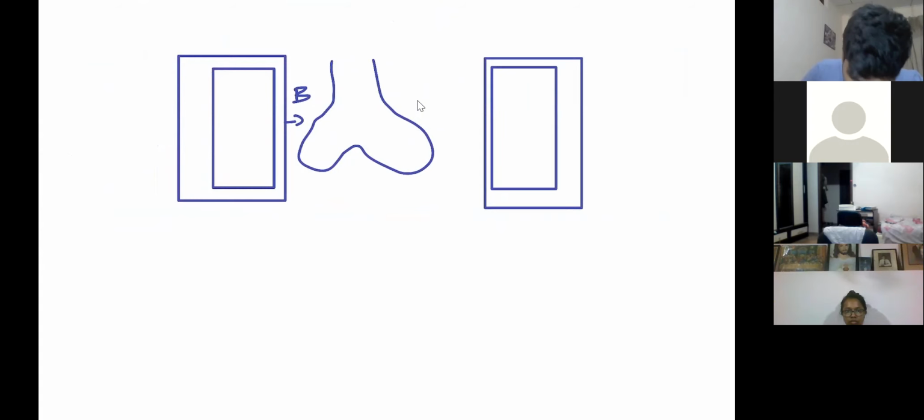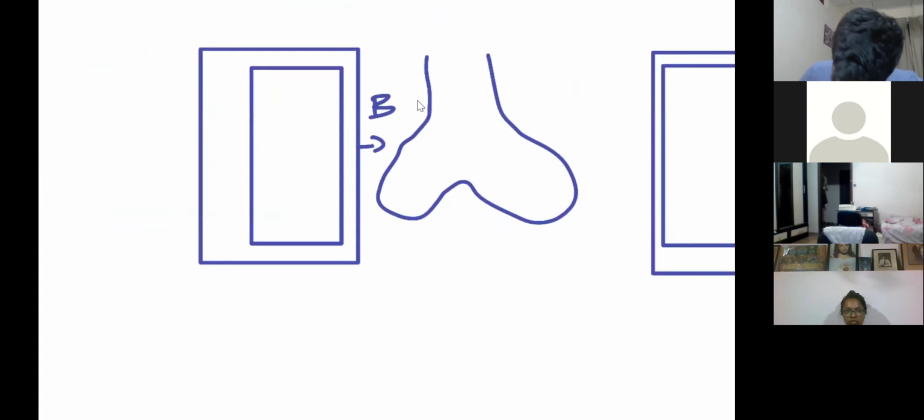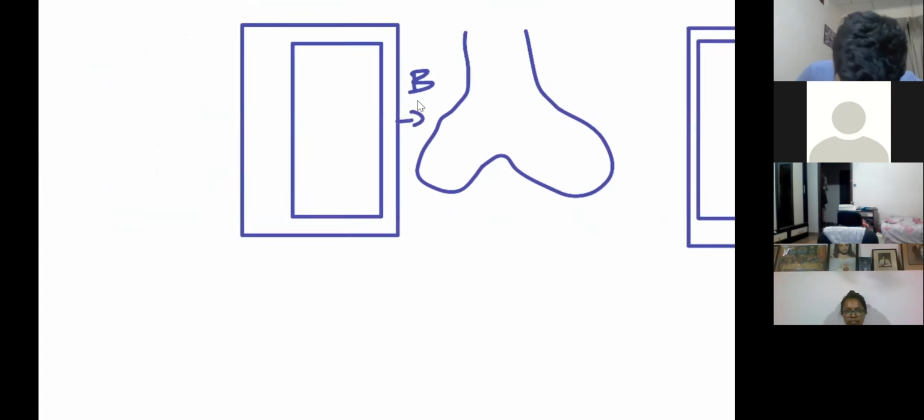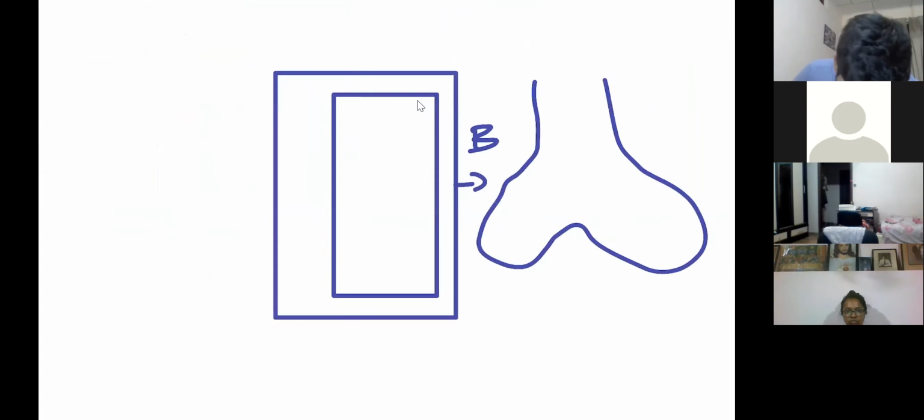On the lateral wall, we have three cranial nerves which travel like this. Cranial nerve 3, cranial nerve 4.